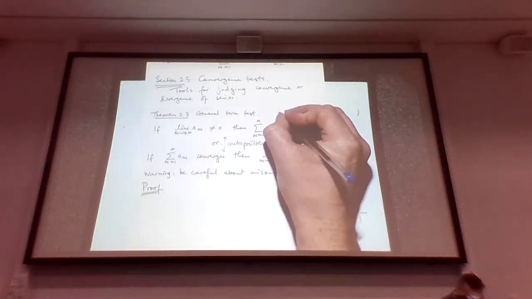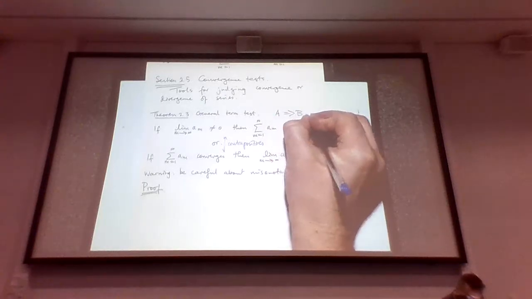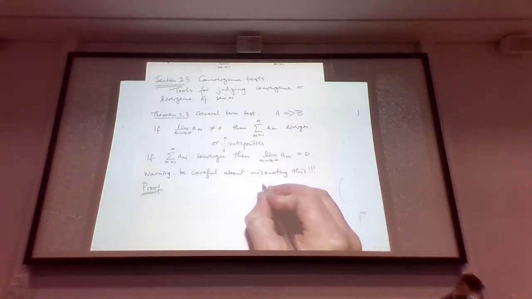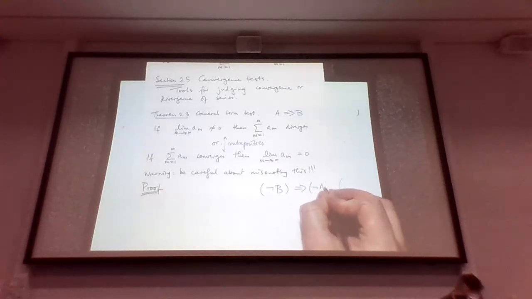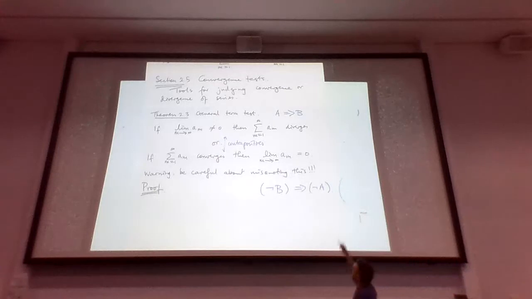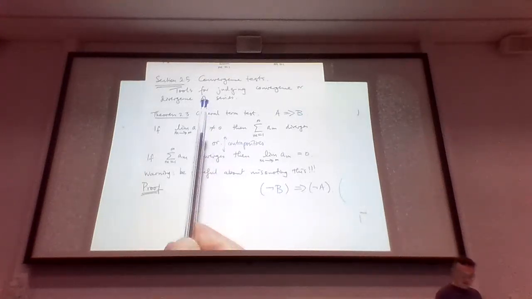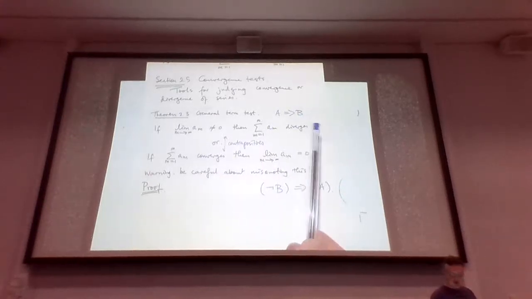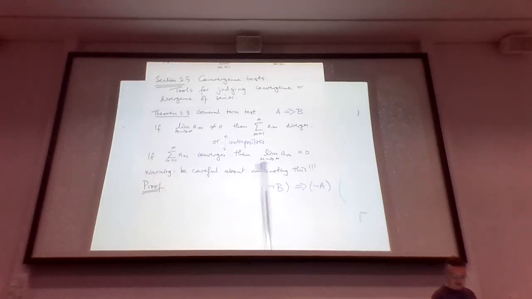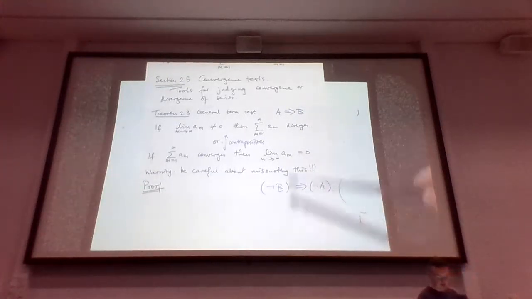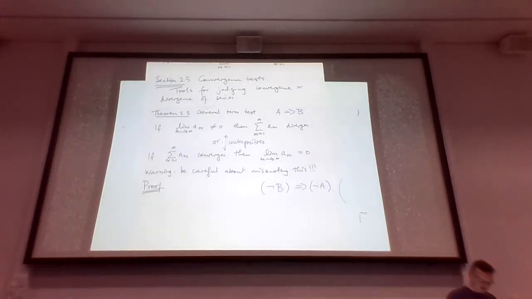Remember, if the statement is A implies B, its contrapositive is not B implies not A. These two statements are logically equivalent. If one is true, the other is true. If one is false, the other is false. So here you have an actual example of it in the wild, so to speak. If the terms do not go to zero, the series does not converge. If the series does converge, then the terms do go to zero. Think about it, you will see that those two are contrapositives of each other.